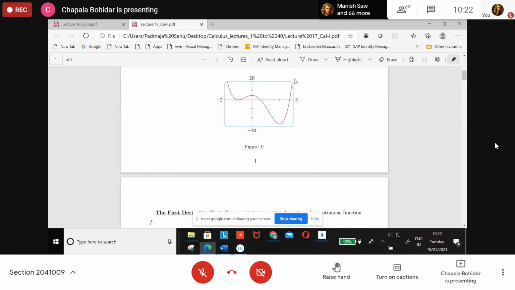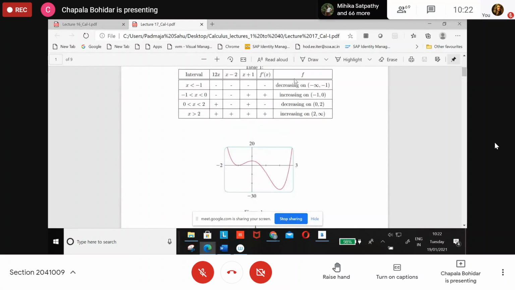So the graph of this interval is written like this here. I have written it by considering minus infinity to plus infinity. You may write it like this, no problem. Clear? Yes, ma'am. Okay. Then you write down the first derivative test. It may be here, you write down from here.